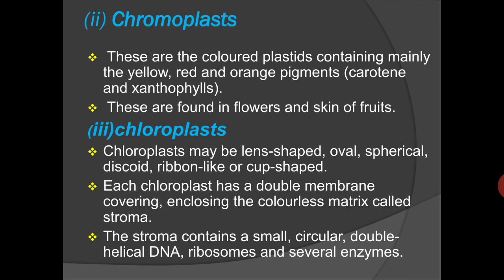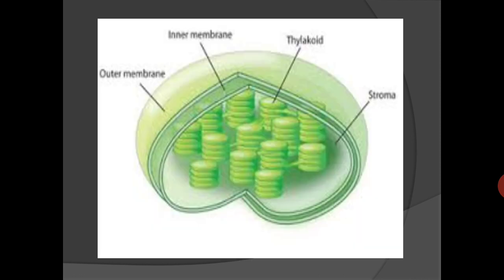So that is chromoplast. And the chloroplast may be lens shaped, oval, spherical, discoid, ribbon-like or cup-shaped, and the chloroplast also has a double membrane covering enclosing the colorless matrix that is called the stroma. The stroma contains a very small circular double helical DNA, ribosomes and sometimes several enzymes also.